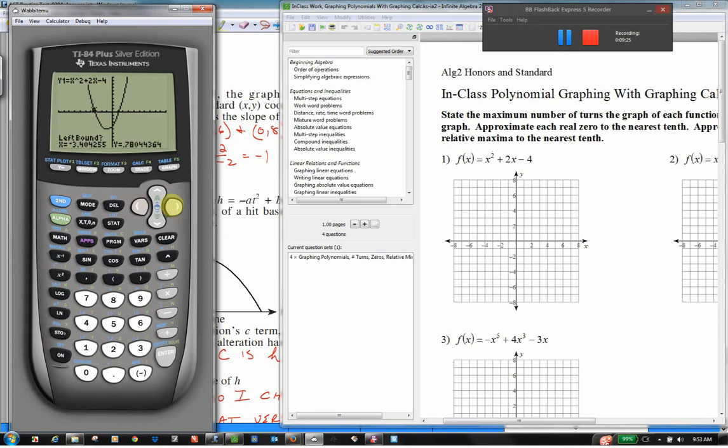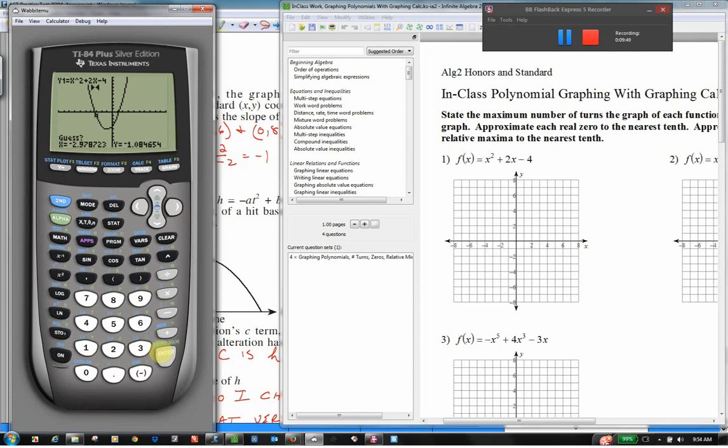I want to get it fairly close to the zero, but to the left of the zero. And then I'm going to press enter. And then it's going to say do the right bound. So now I'm going to cursor to the right until that blinking thing goes to the right of the zero. And I've got it to the right now, and I'm simply going to press enter.